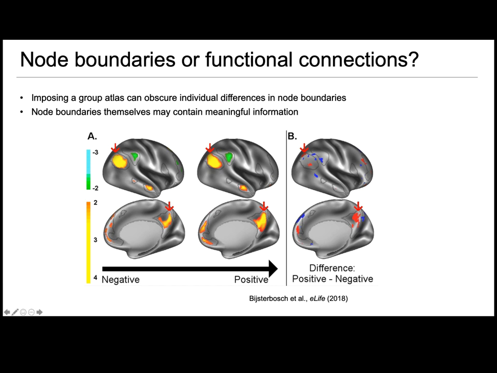So this was a study that came out in eLife last year. This is hard to see, but if you look here, this gray outline is the node boundary from the group parcellation. And these two brains here, so this was the average across the half of the people that scored lower on many of the cognitive and other lifestyle metrics.